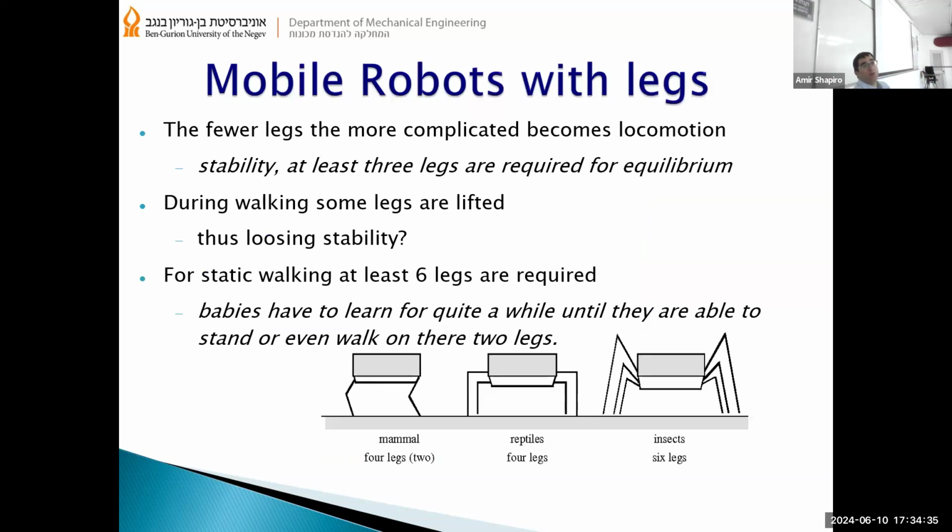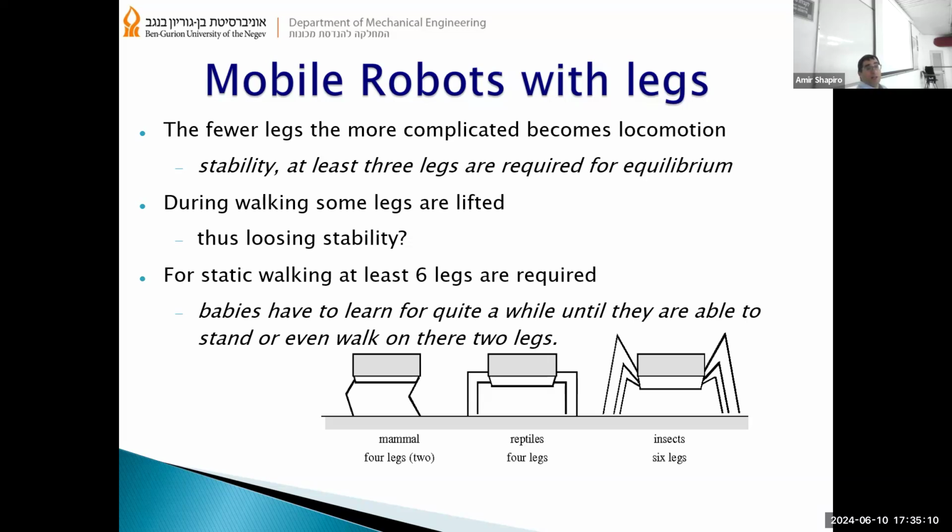So mobile robots with legs, legged robots. The fewer the legs, the more complicated becomes the locomotion, especially the stability. We need at least 3 contacts, 3 legs that will be in contact with the ground to maintain equilibrium. So they can walk even if it's not in equilibrium, but in order to stand, at least 3 legs have to touch the ground.